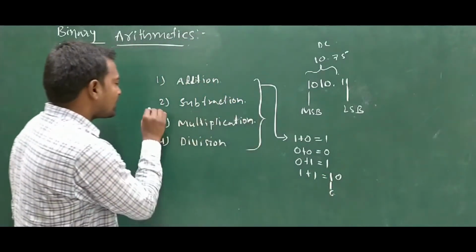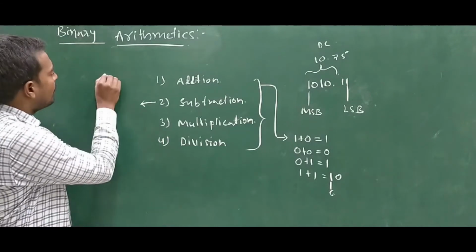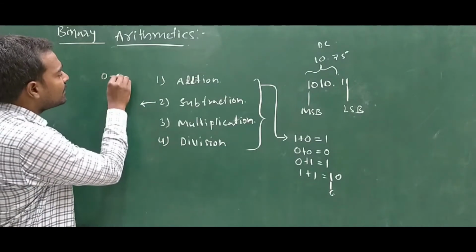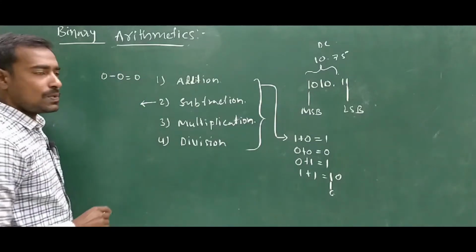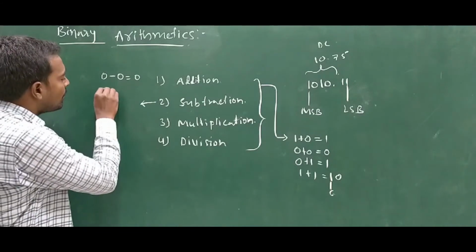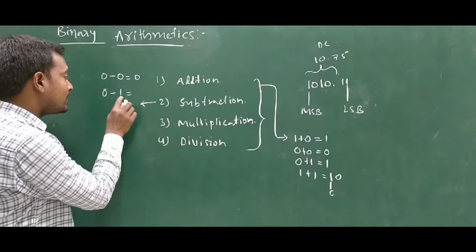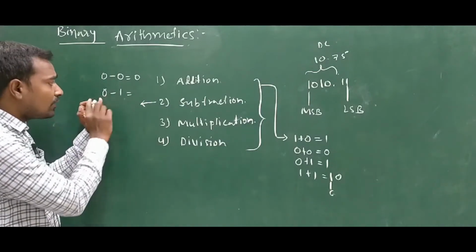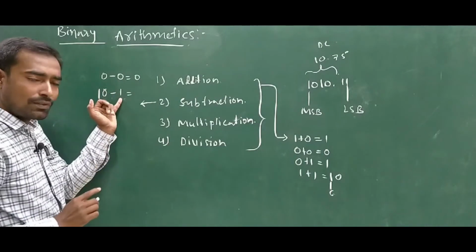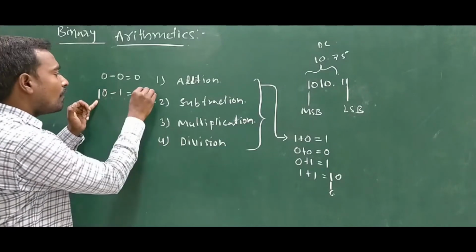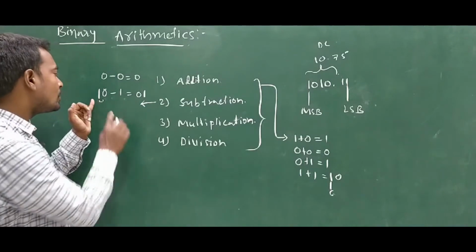Coming to the subtraction of the binary arithmetic operations: 0 minus 0 is equal to 0, and 0 minus 1, it is not possible, so we have to borrow. 1 minus 0 is equal to 1.